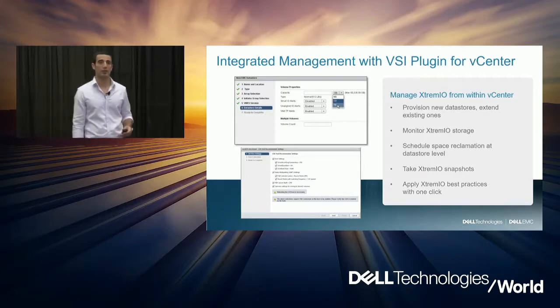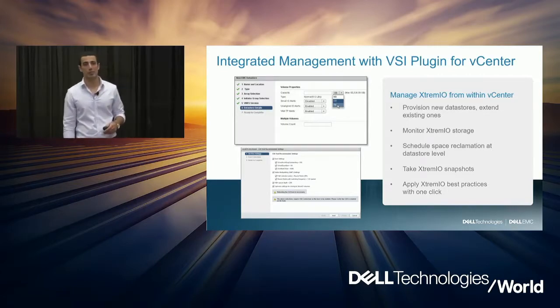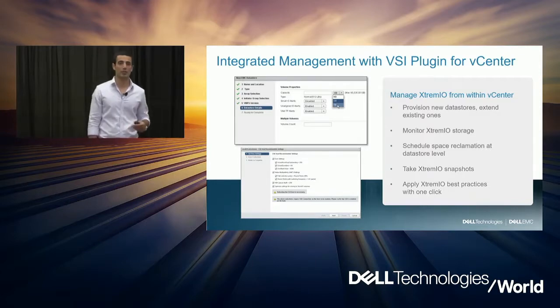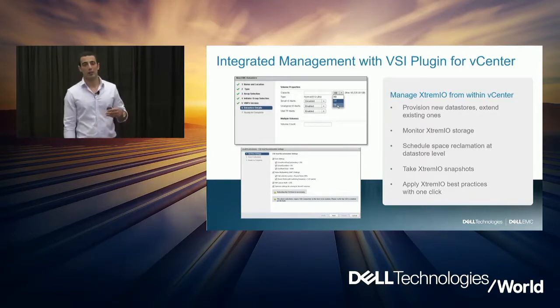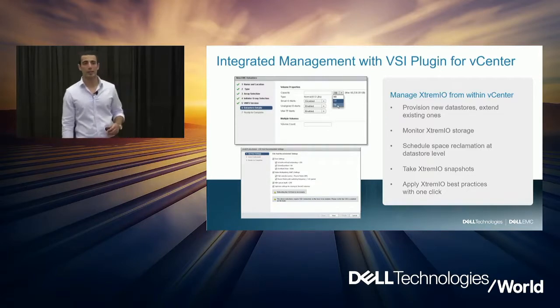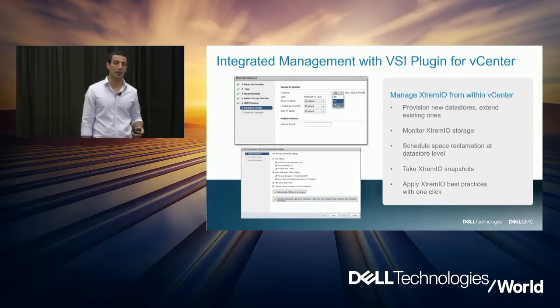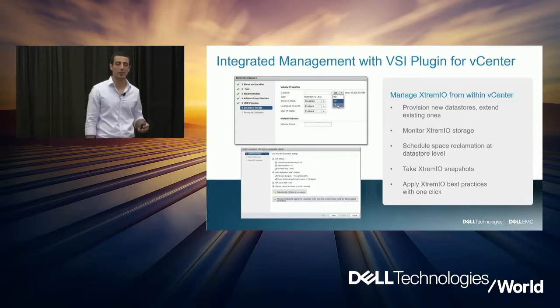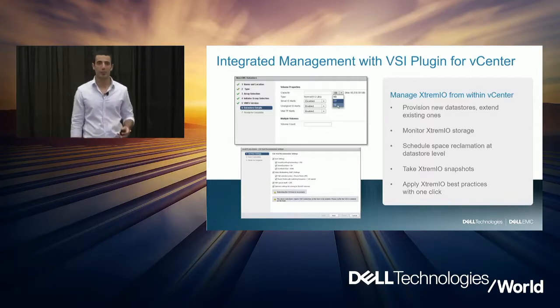A very important ability is the scheduled space reclamation at the datastore level. This will give you the ability to free up occupied space from your datastores and send trim or unmap commands to the storage array, and by that, freeing up the space at the storage array level. Another ability is taking XtremIO snapshots directly from the web client, and this gives you the ability to create XVC snapshots and protect or back up your virtual machines as well as the management platform.